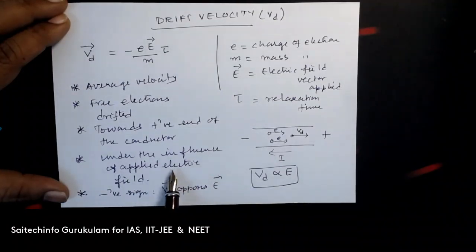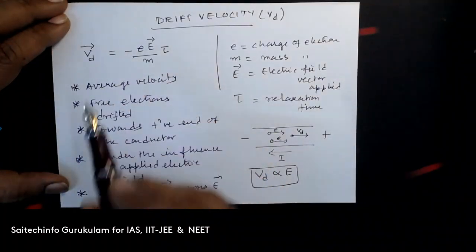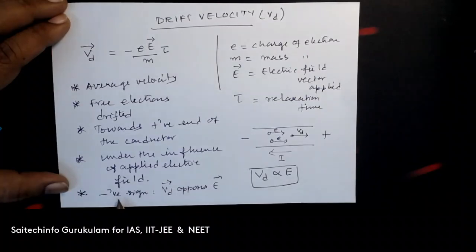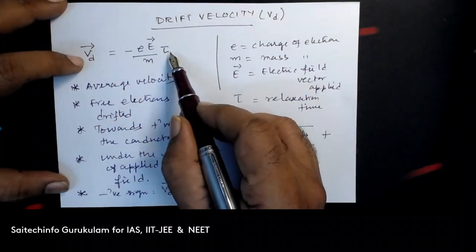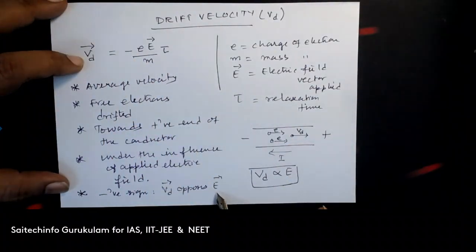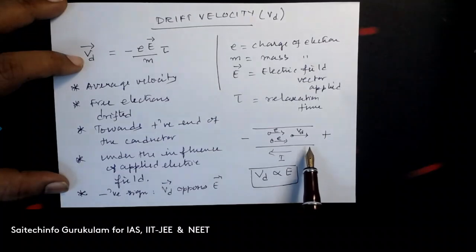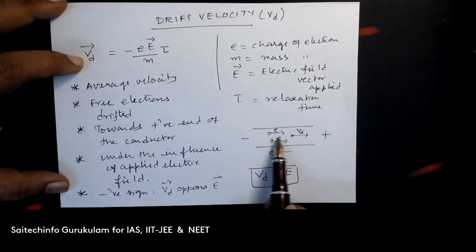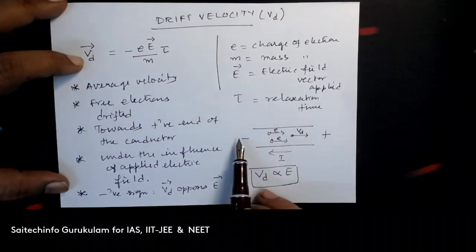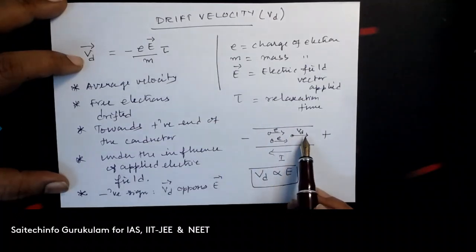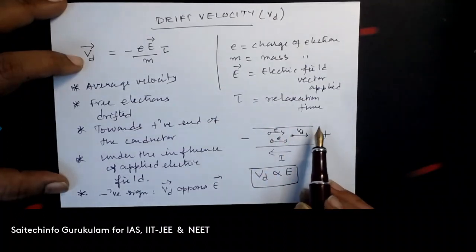When I say applied electric field, it is the external electric field, and this negative sign indicates the drift velocity opposes the applied electric field. For example, consider a conductor having electrons, and the free electrons are drifted with the drift velocity towards the positive end of the conductor.